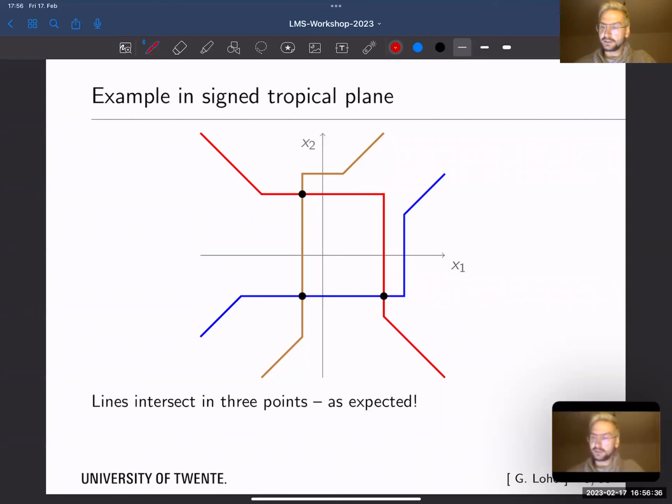So maybe if you have seen patchworking, then you can think of, well, one can just do some patchworking and then one gets exactly this configuration here. But I will show you a framework motivated by convexity, which will also give this. Yes, so now we extended these 3 lines to all 4 orthants, and now they really intersect in 3 points as expected.